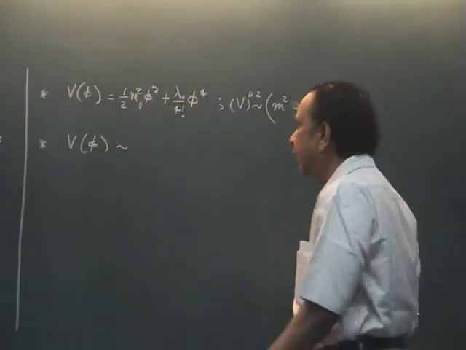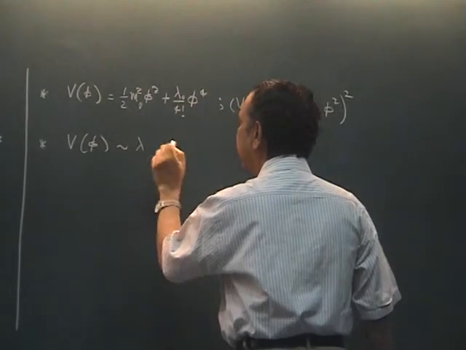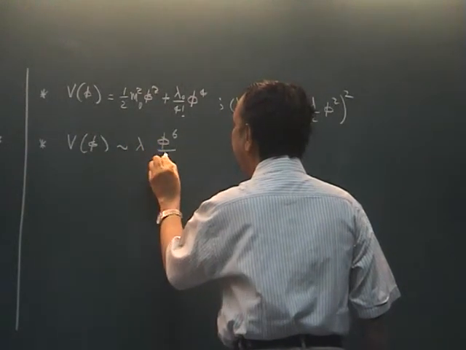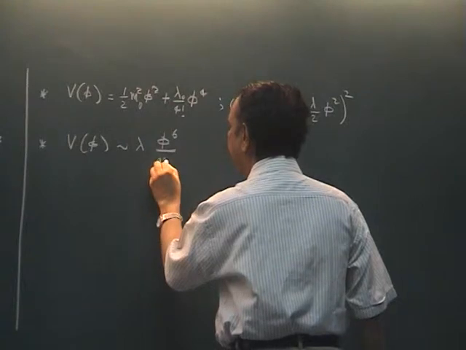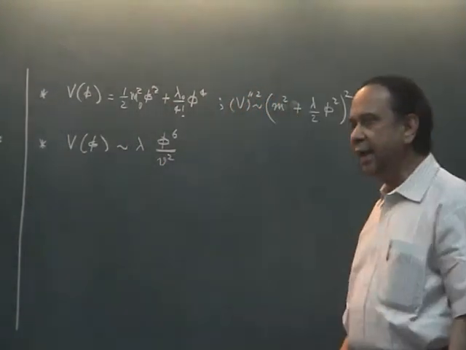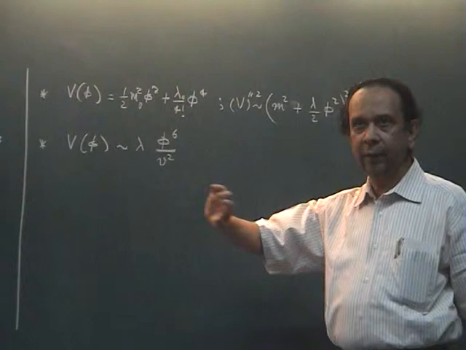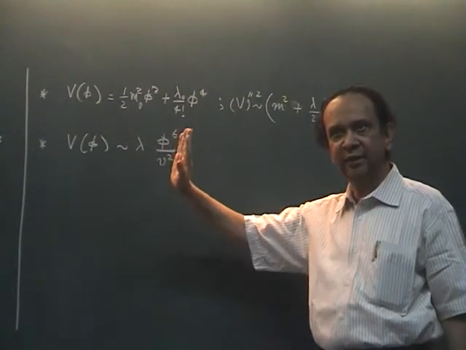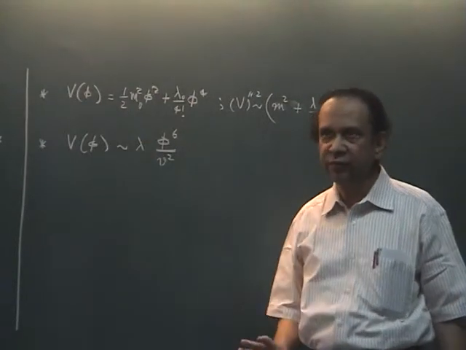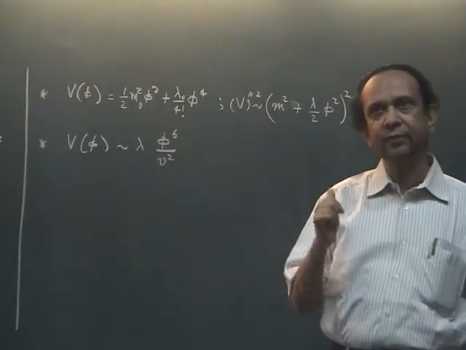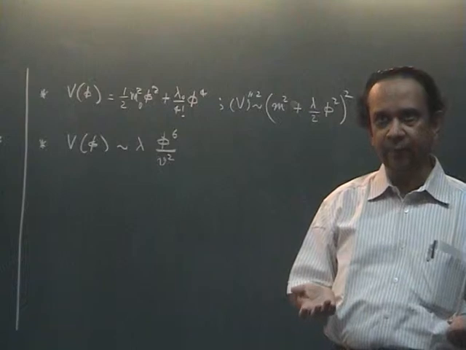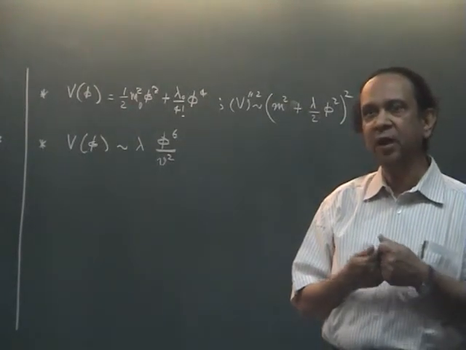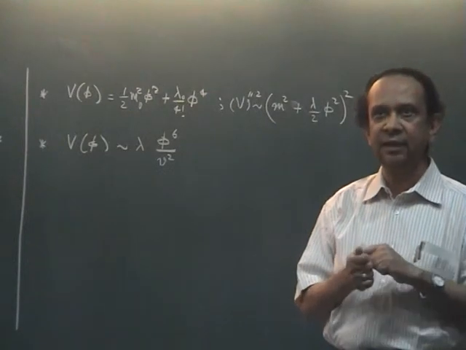The way I will write this is that I will put some lambda phi to the 6 divided by, let us see, some V squared. The idea is that the potential which I have is going to be integrated over d4x in the Lagrangian, and in the natural units which we are using, potential times d4x should be dimensionless. Therefore, the potential should have the dimensions of mass to the power 4, with mass and length having inverse dimensions.